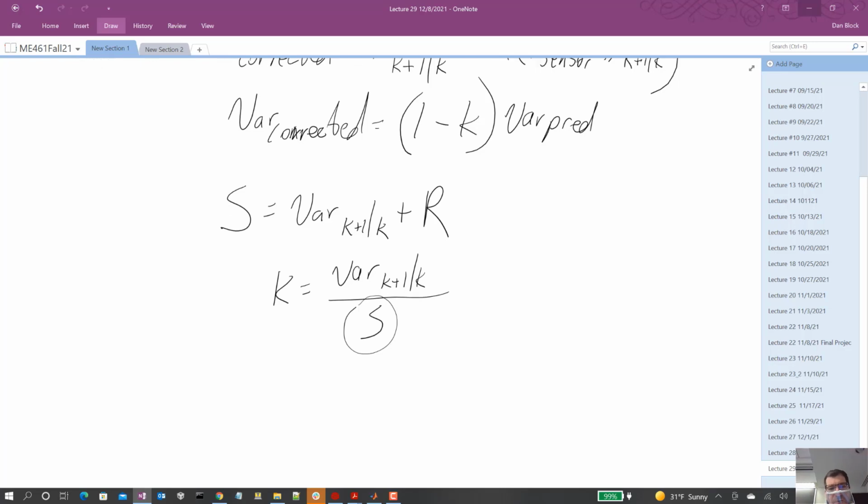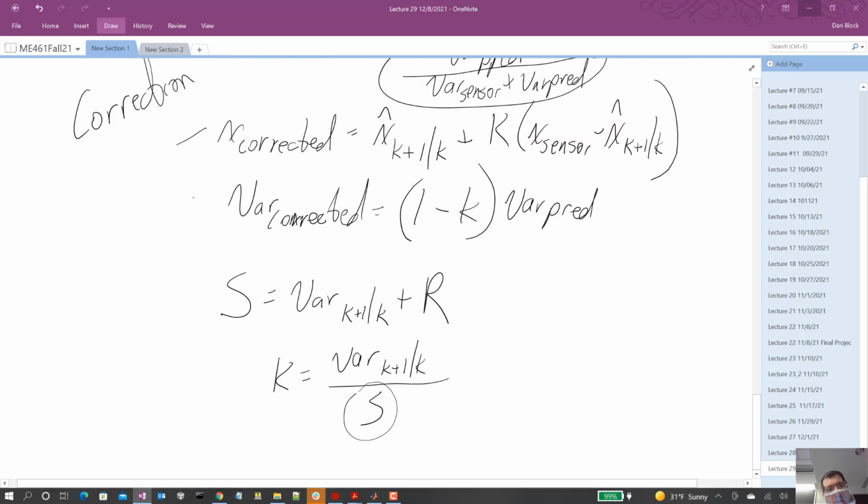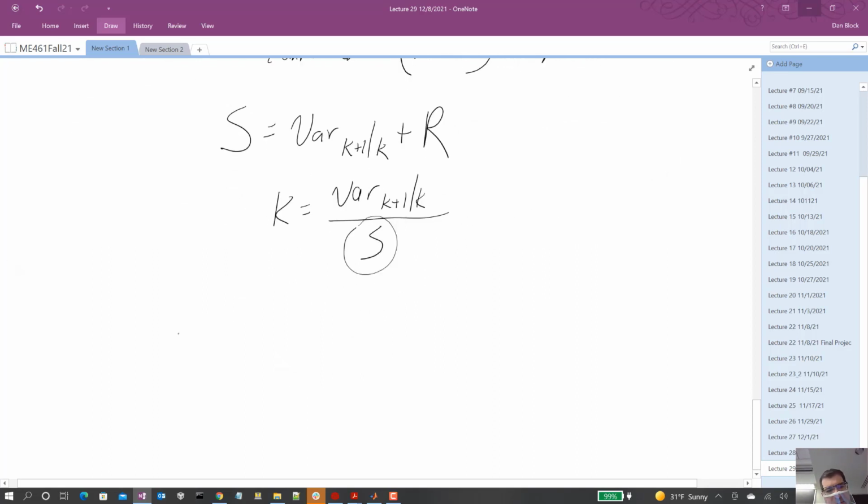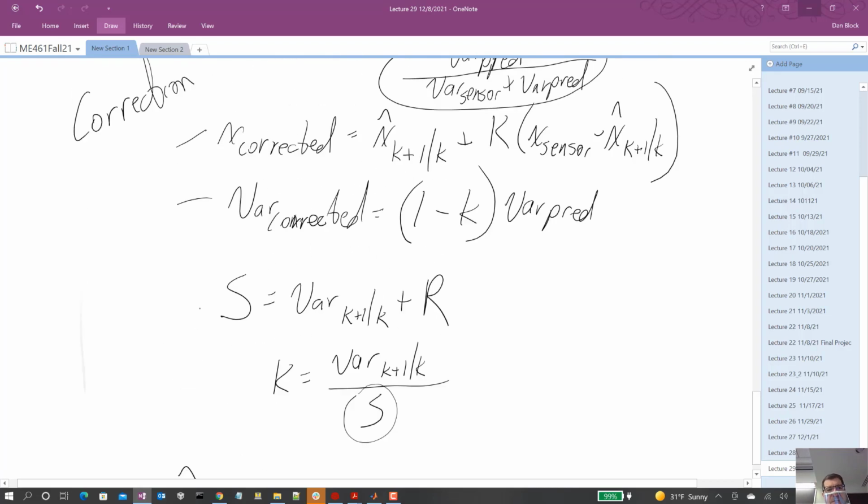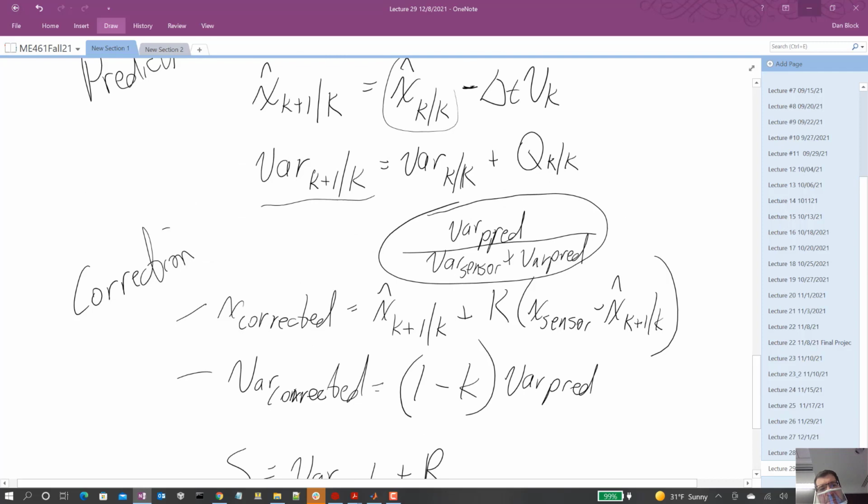And so our final form of these two equations for the correction step is a way I've seen in a number of papers. I'm sure they do notation differently in different papers. It's kind of weird: it's saying X, K plus 1 given the K plus 1 prediction.